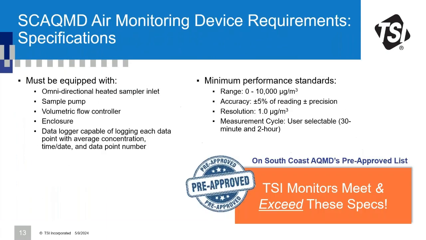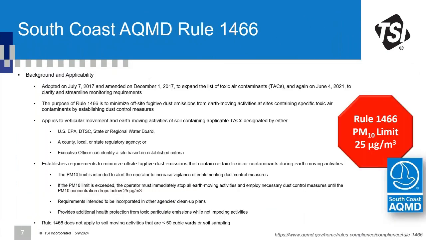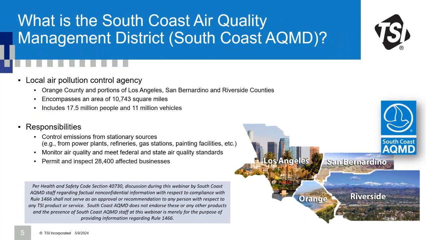For Rule 1466, this is established within Los Angeles, Orange, Riverside, and San Bernardino County. But the way it's stated as earth moving activity, if there's any kind of excavation, digging, remediating, those would fall under the earth moving activities of the rule.